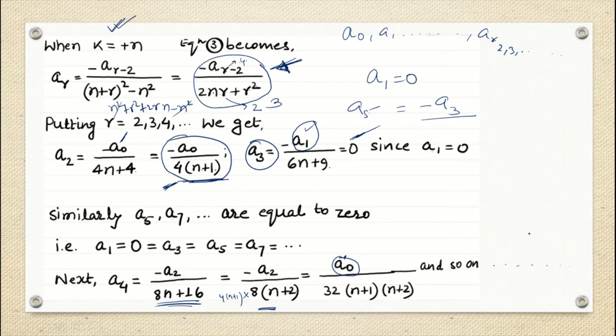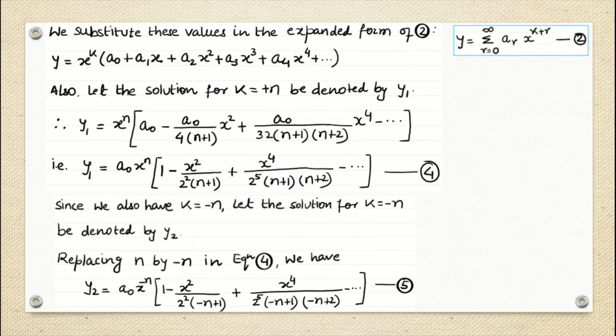Okay, so what we have done is we are going to substitute all these values in the expanded form of equation number 2. What is equation number 2? This is the equation from where we started our series solution method, right? Equation number 1 was nothing but the Bessel equation, right?